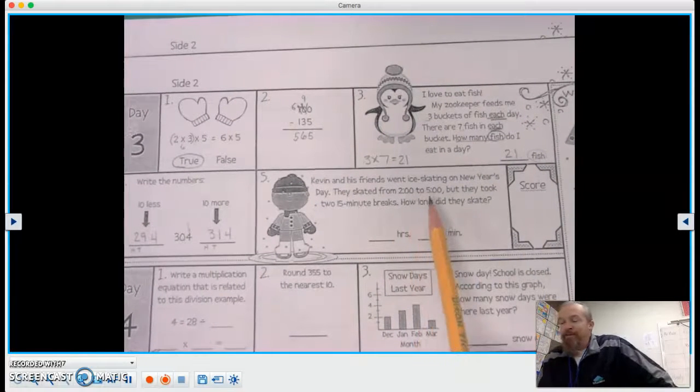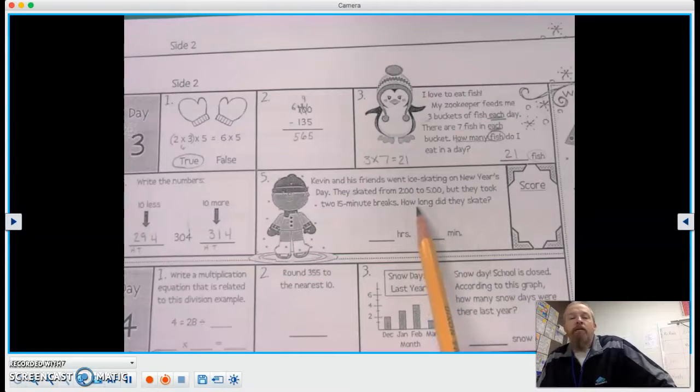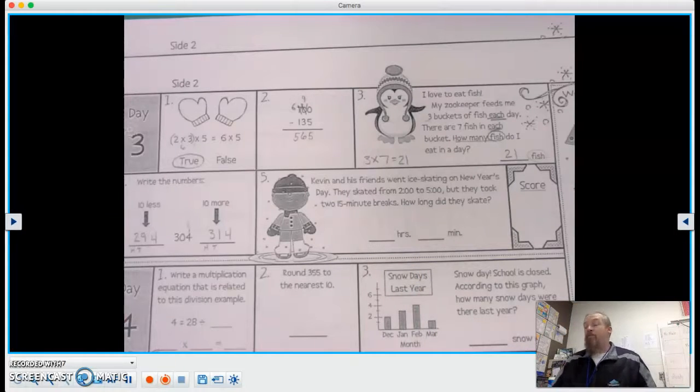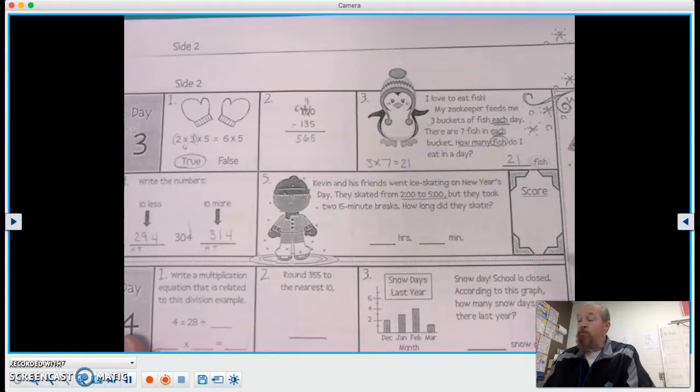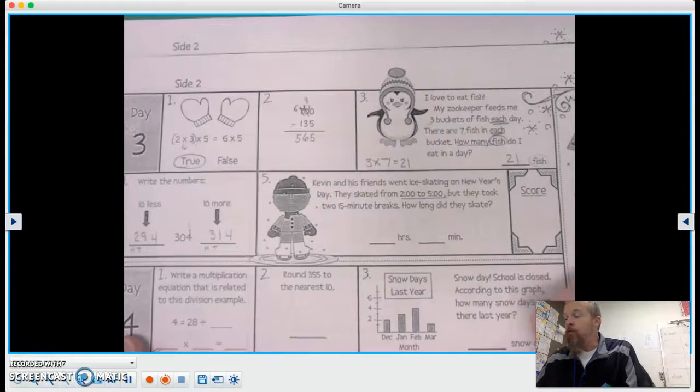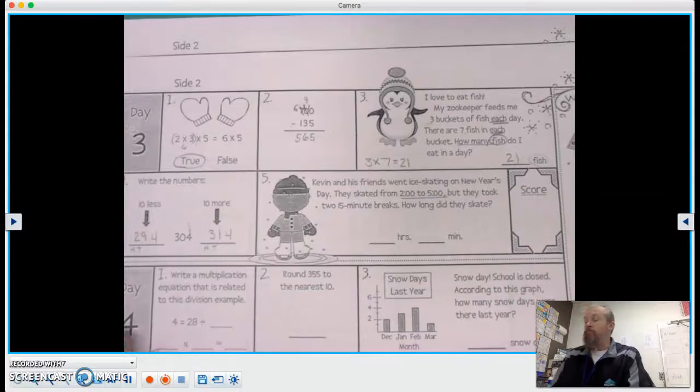Kevin and his friends went ice skating on New Year's Day. They skated from 2 o'clock to 5 o'clock, but they took 2 15-minute breaks. How long did they skate? Well, from 2 o'clock to 5 o'clock, we know that that is 3 hours, right? And we could write our 3 hours like that.